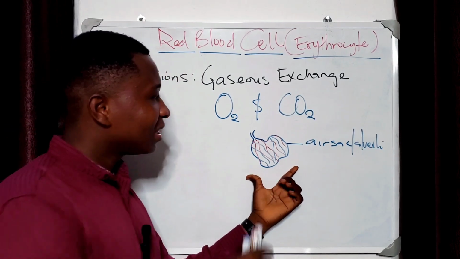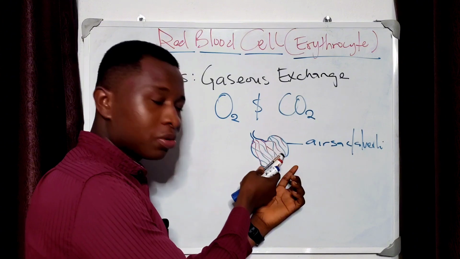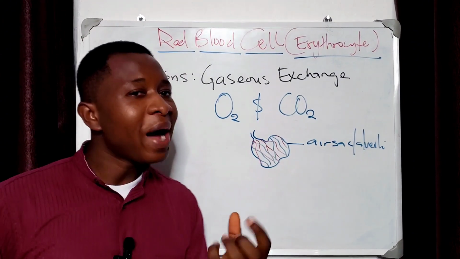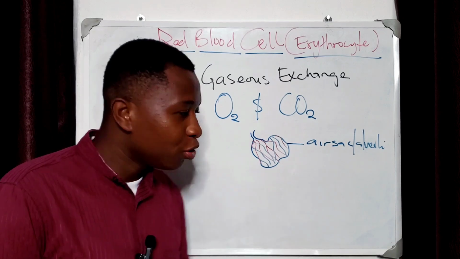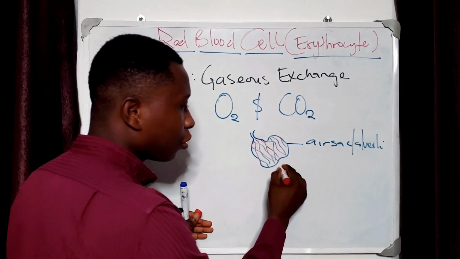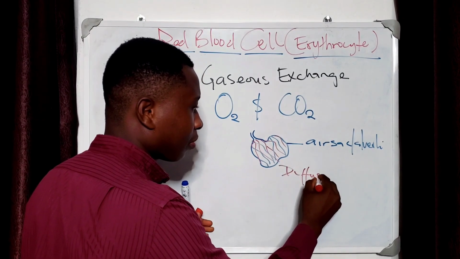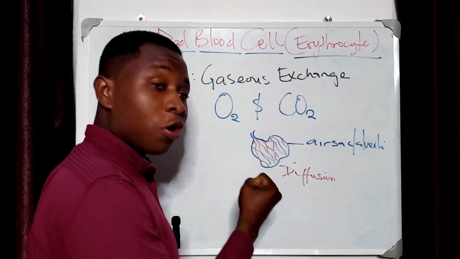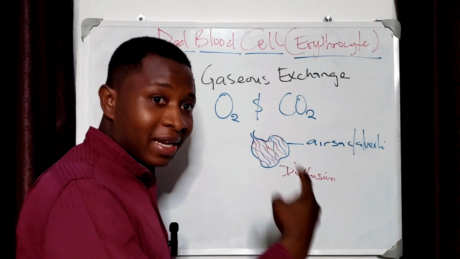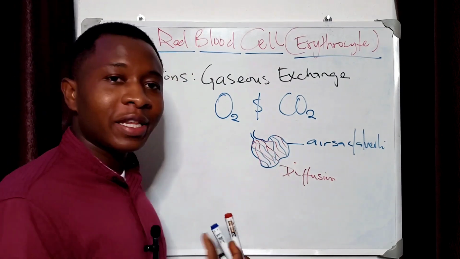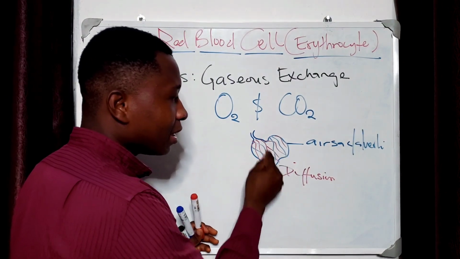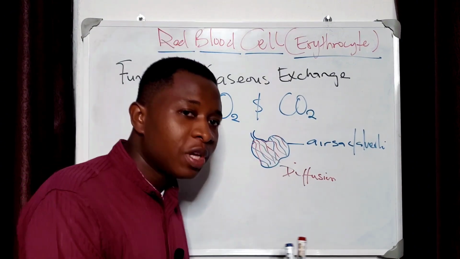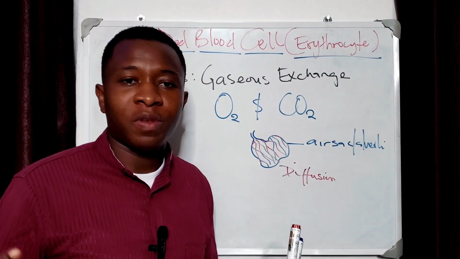The red blood cells that are in the capillaries, these blood vessels, begin to bind with the oxygen molecule by means of diffusion. When it binds the oxygen molecule, the next one binds, the next one binds. So all the red blood cells in this blood vessel bind with the oxygen molecule, and it begins to move to other parts of the body.